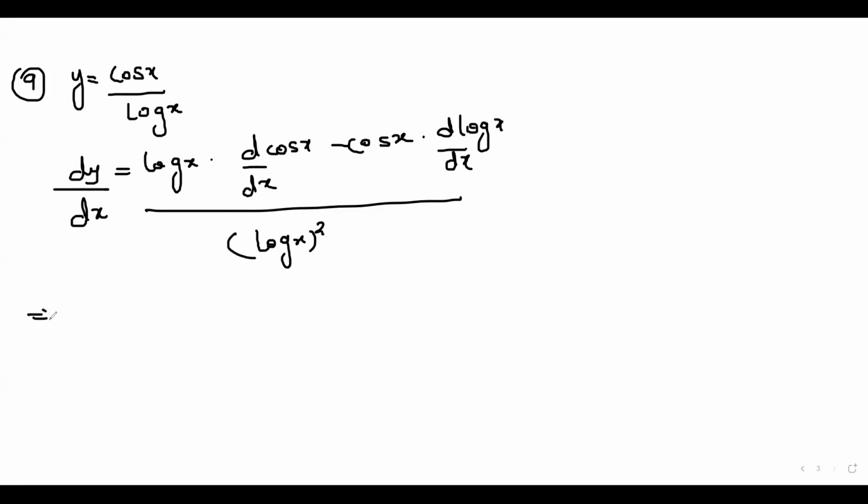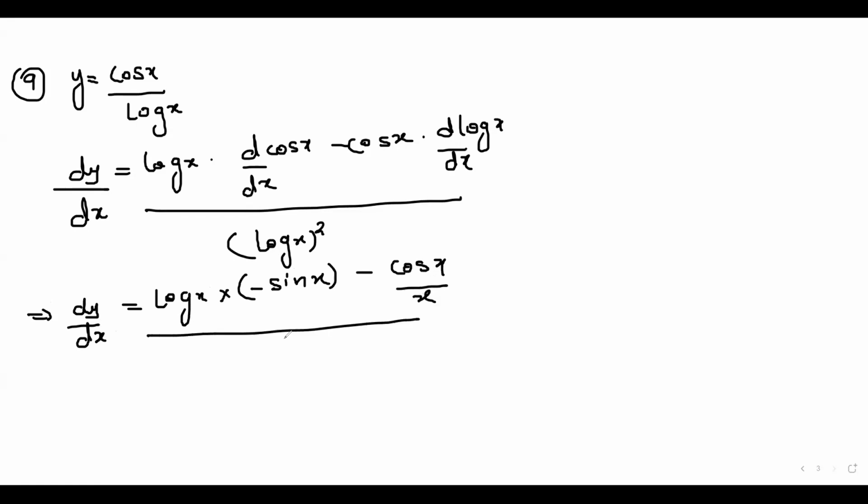So this will give us dy by dx is equal to log x into minus sin x minus cos x by log x square. And we can take LCM and write this like this. This is x.